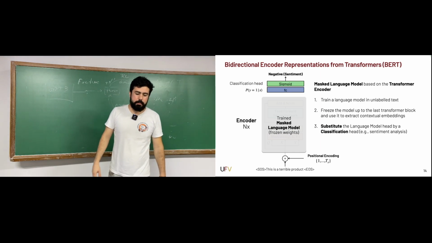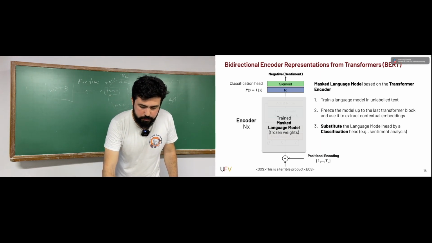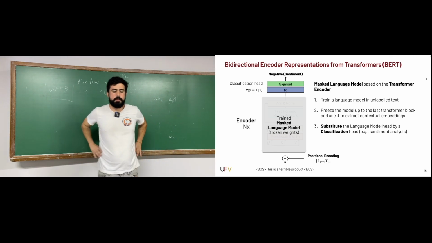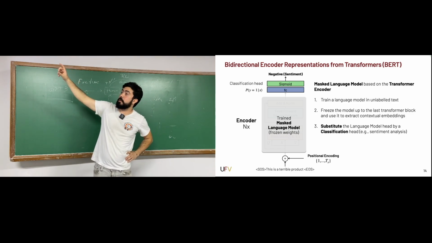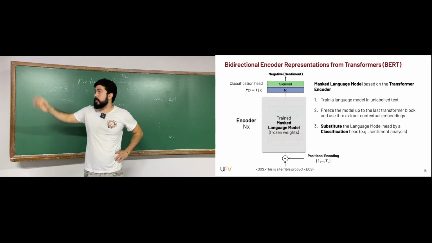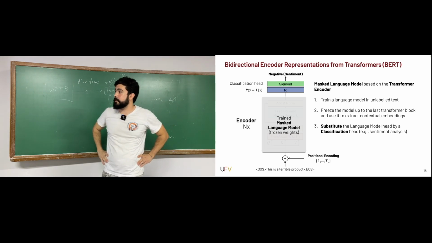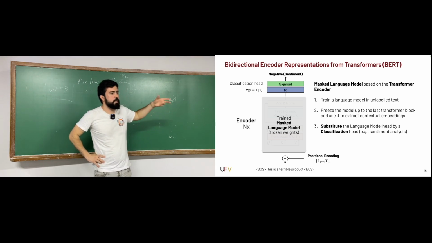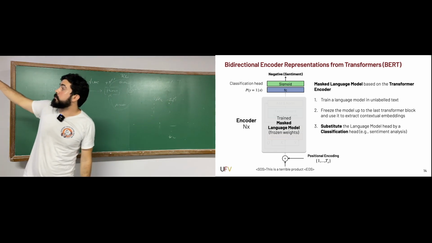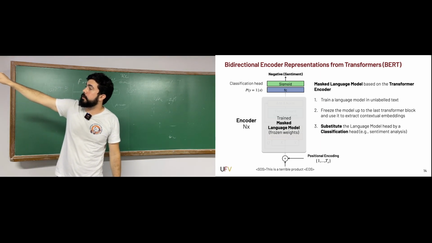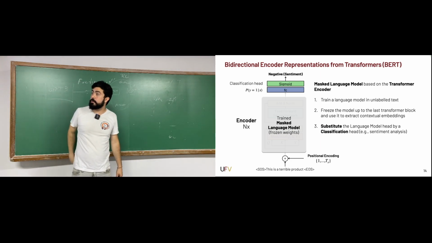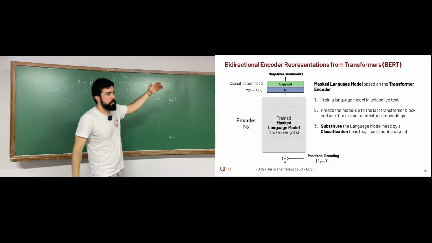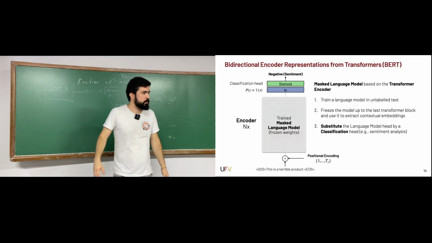And then you add this classification head on top, again using a sentiment analysis example. And you get the same property: you don't change the weights of the frozen model. And then you're going to get a bump in accuracy for your classifier just by extracting these contextual representations.